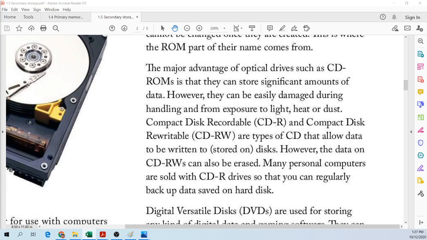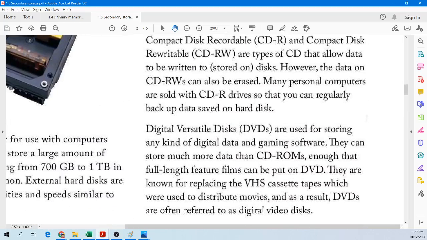However, the data on the CD-RWs can be erased. Many personal computers are sold with CD-R drives so that you can regularly back up data saved on the hard disk.